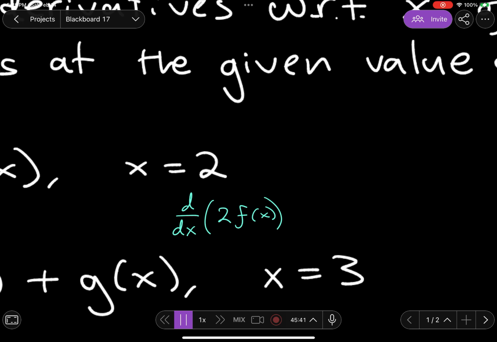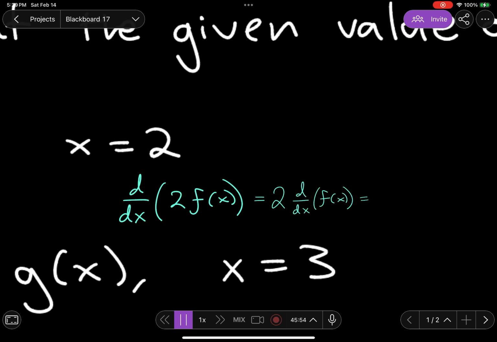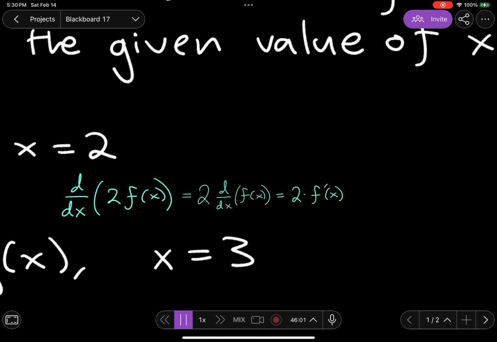What we have is the derivative with respect to x of 2f of x is equal to 2 times the derivative with respect to x of f of x. But that is the same thing as 2 times f prime of x. Those are synonyms. But we want this at 2. So what I can do is replace x with 2, at x equals 2.